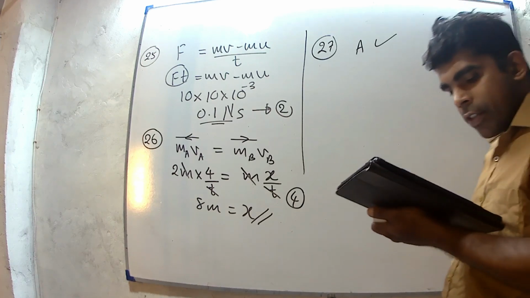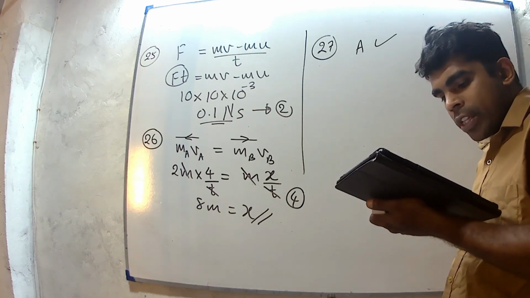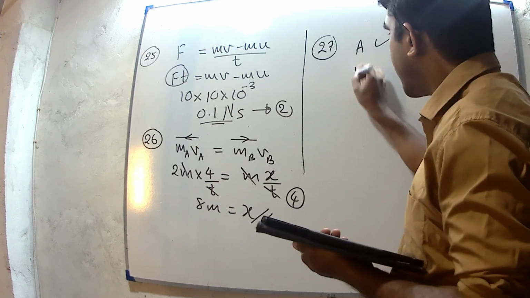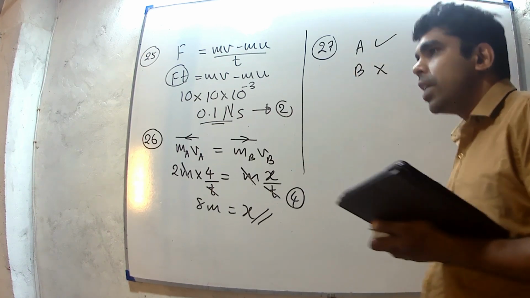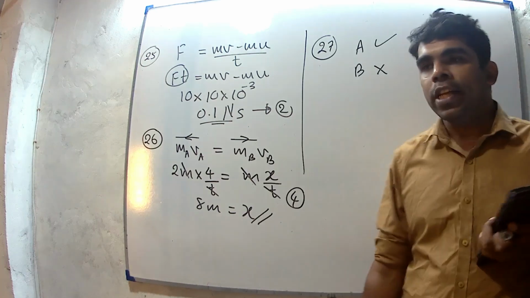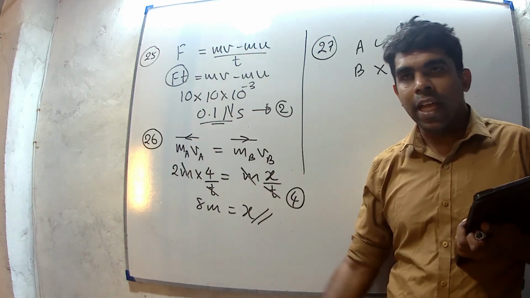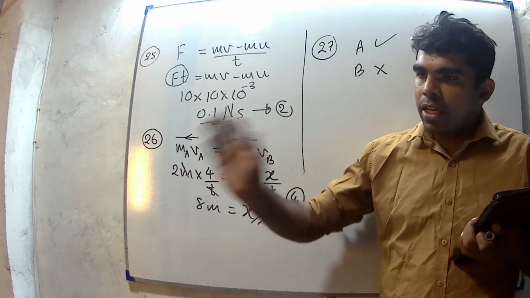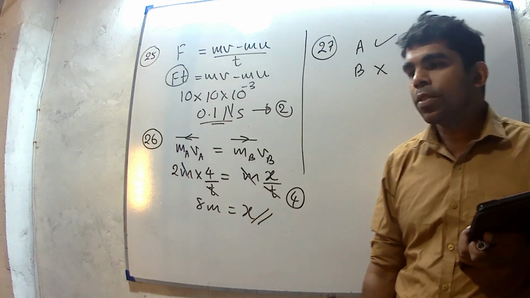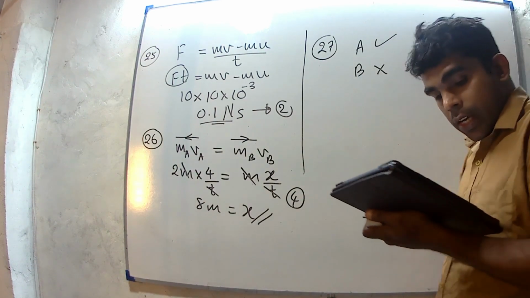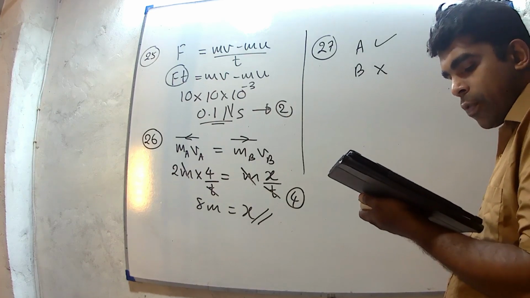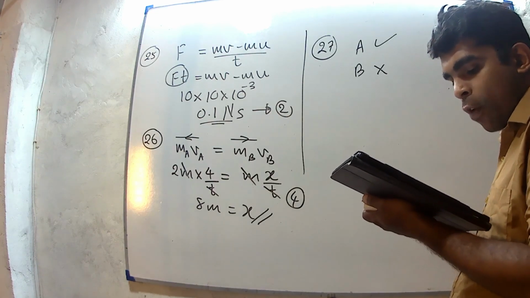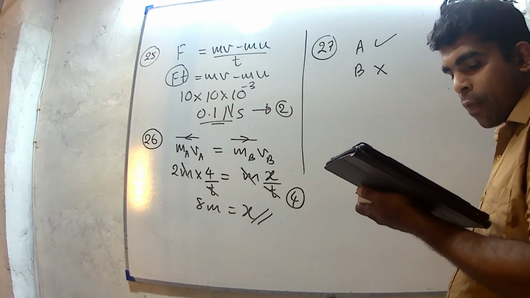Statement B, all travel the same distance during the above time period. No, it is incorrect because distance depends on velocity. Velocities are different. Change of velocity is the same, but initial and final velocities are not equal. Then C, the accelerating force on each is the same.